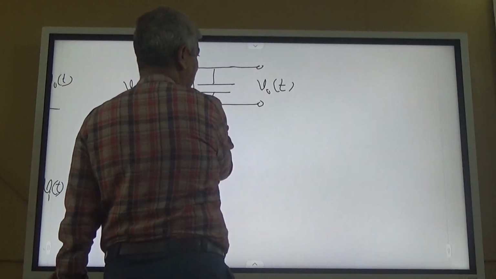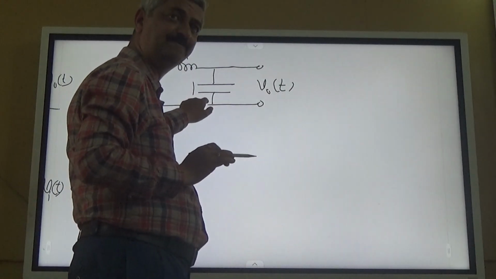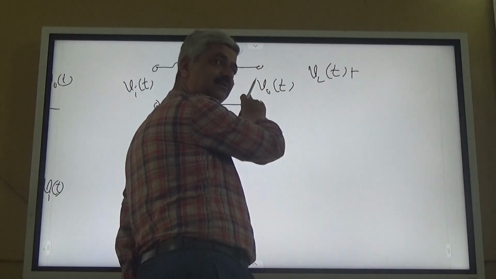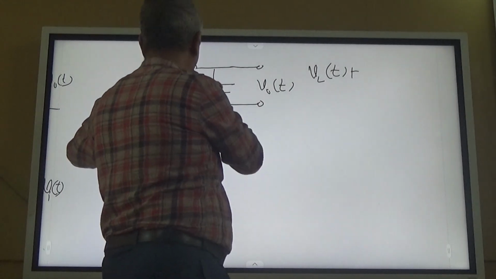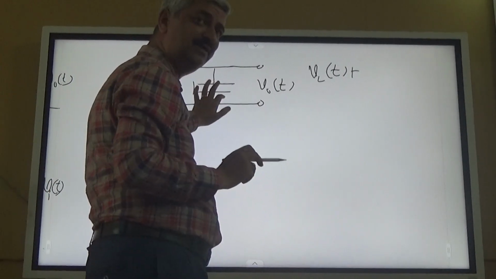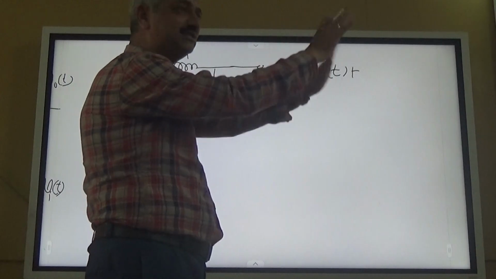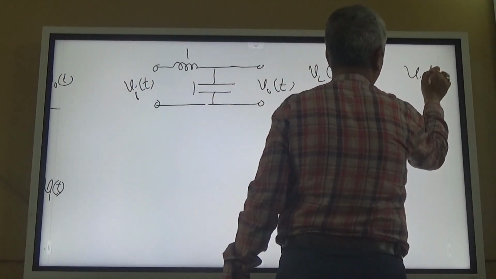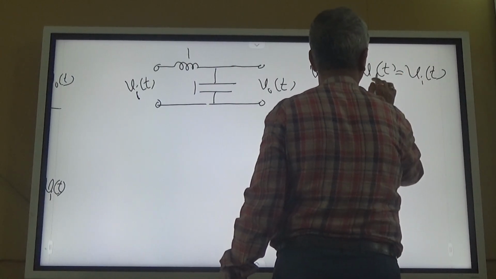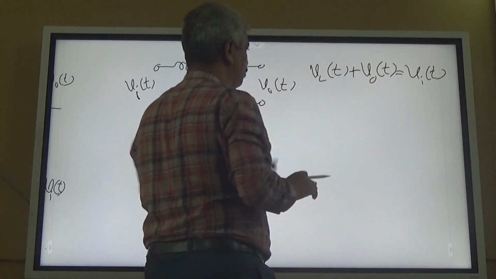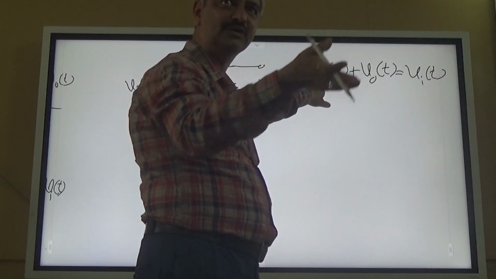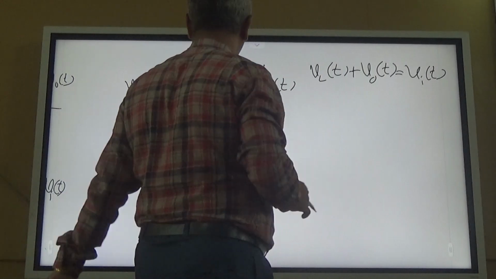So Vin equals VL plus VC, and VC is Vout. We write Vin on the other side. So Vin is equal to VL plus VC, that is Vout. We don't want this VL in the equation. We want to consider the differential equation in terms of Vin and Vout, so we would want to get rid of this. So how can we get rid of this?